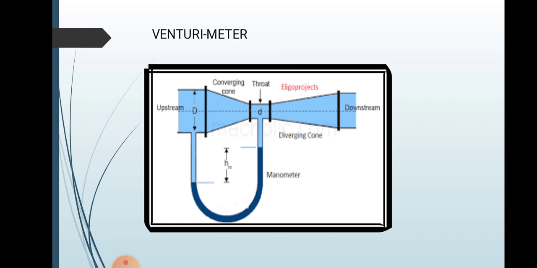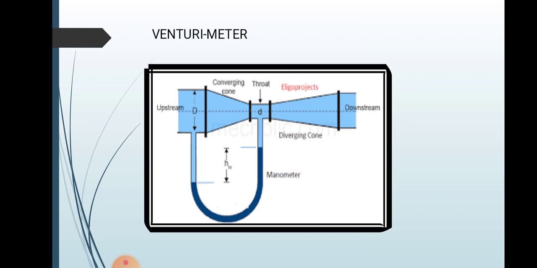There are two tappings connected to a manometer. The first tapping is connected with the throat, and the second one is for the main pipe, because we have to measure the difference of pressure. So we fill mercury in the pipe. There is a datum line, because the pipeline's height is fixed, so at a particular height the venturimeter is fixed; that is called a datum line.